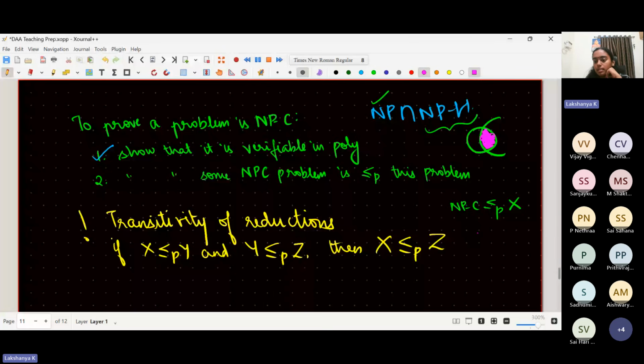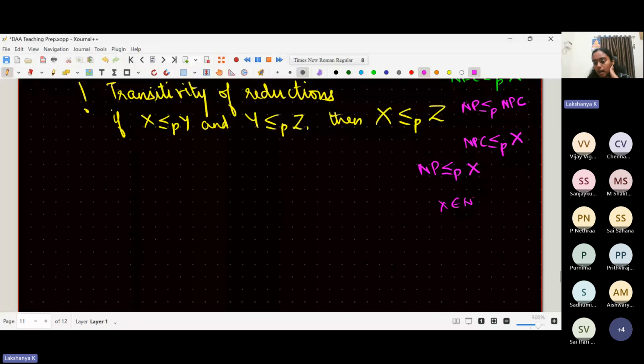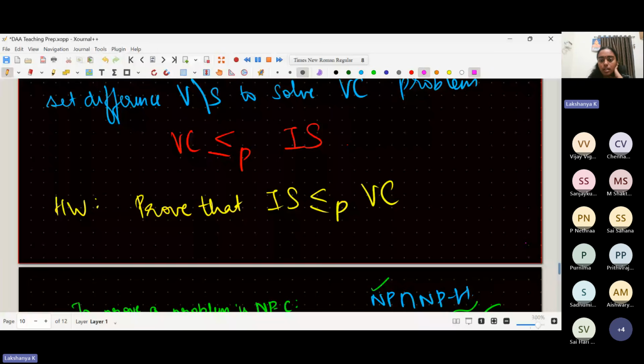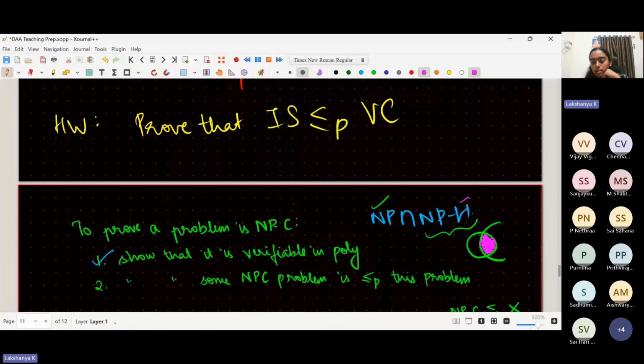NP complete is a part of NP hard, which means all of NP is reducible to your NP complete problem. And if you can prove that your NP complete problem is reducible to X, then by transitivity, all of NP is reducible to your X, which means X belongs to NP hard. So this part will have been proven. So the intersection is NP complete. Does it make sense?